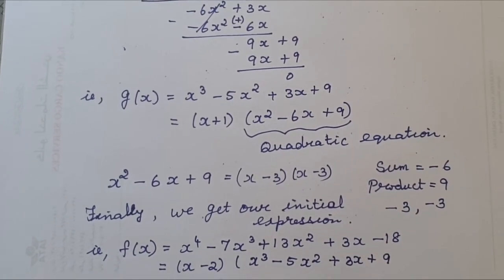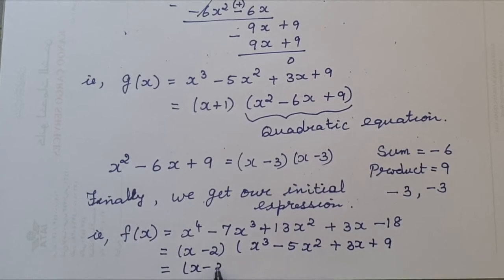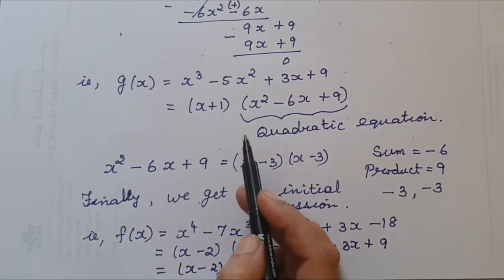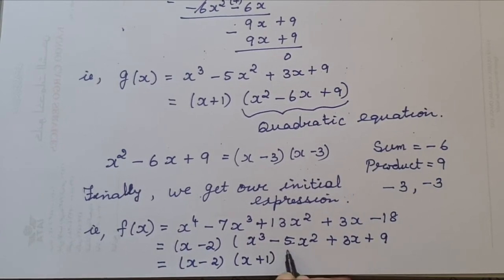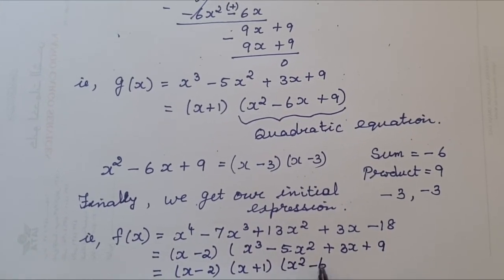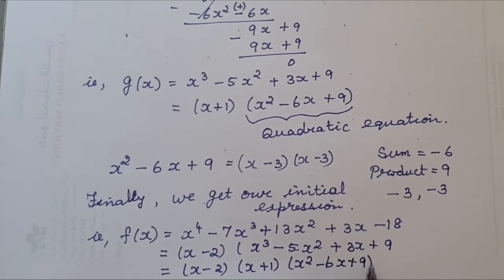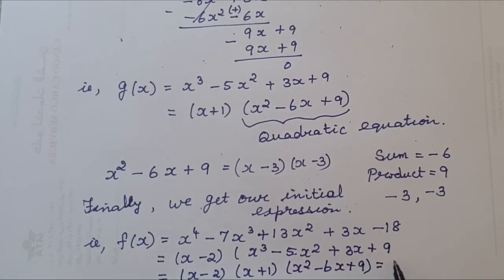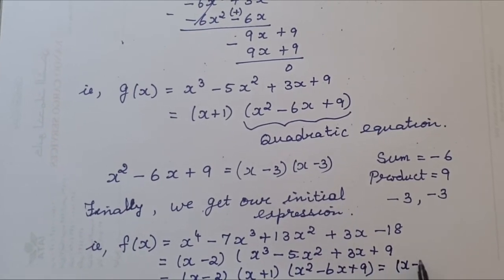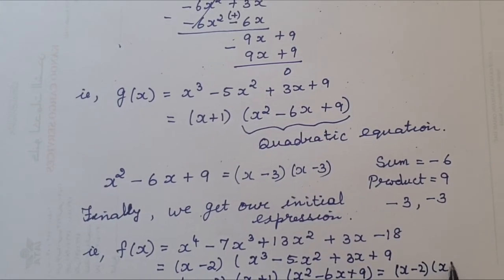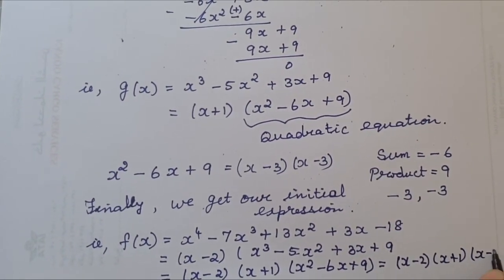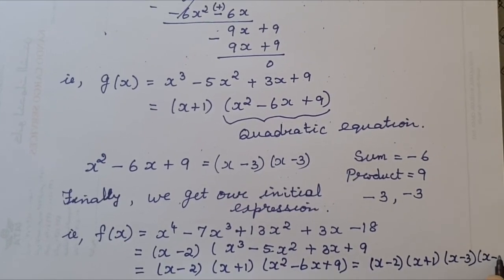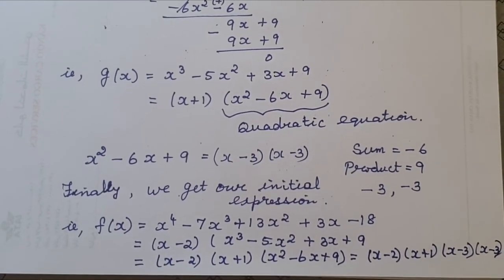Again further we split this: x minus 2 we wrote as it is, and this one we have split over here and written as x plus 1 into x square minus 6x plus 9. Now again this quadratic expression we have split. So x minus 2, x plus 1 and x minus 3 into x minus 3.